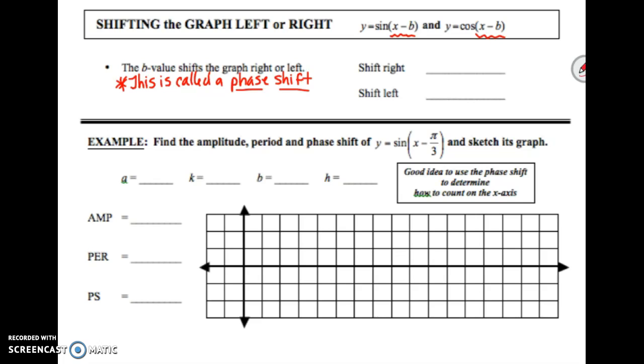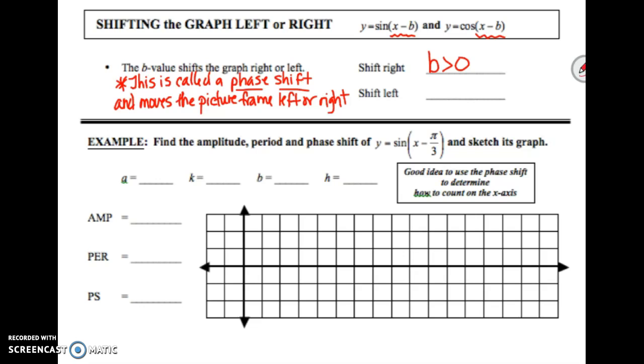And it moves the picture frame left or right.